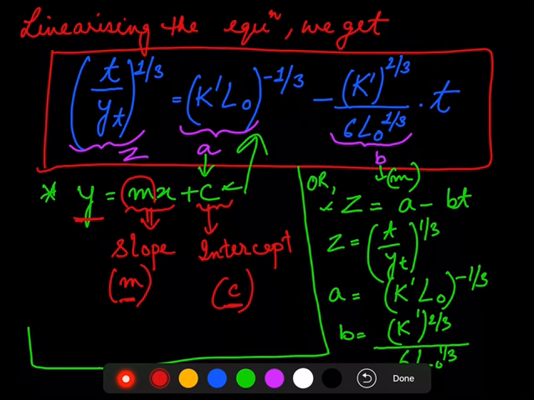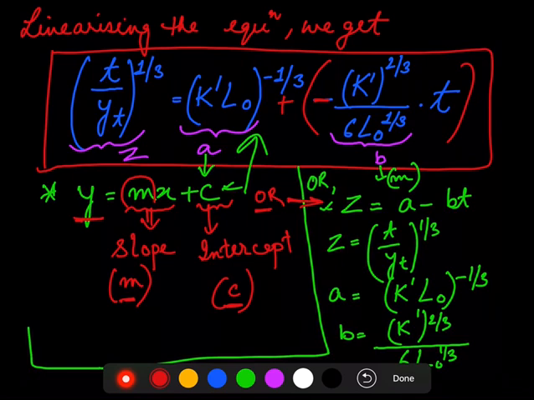Okay, you can either use this, or you can represent this equation in this form also, that is z equals a minus bt. Why I have written minus here is because in this equation there is a minus. You can write it like this also, with plus, so that's up to you.